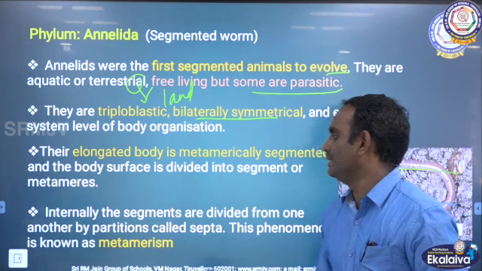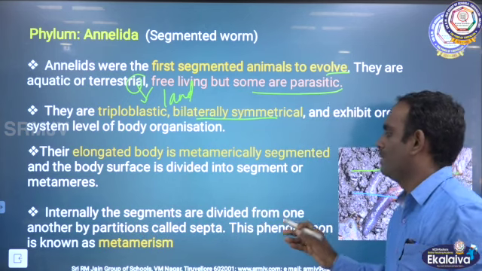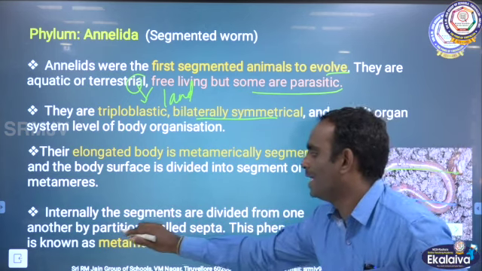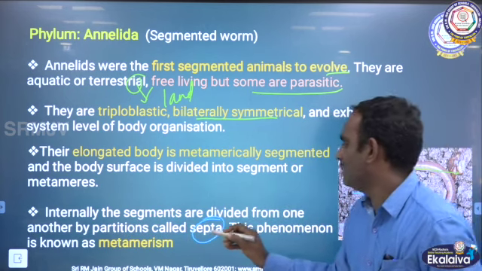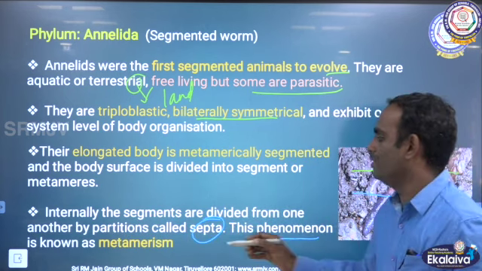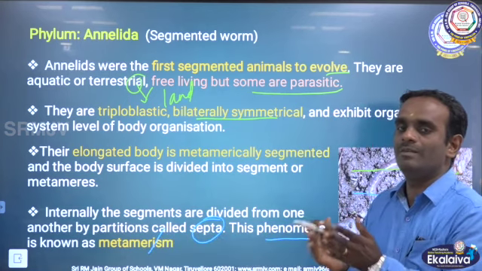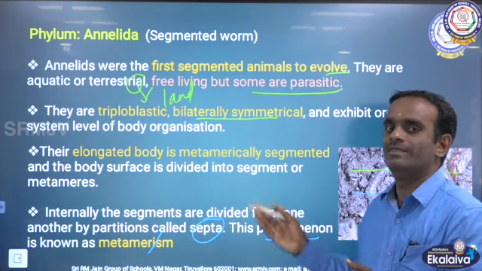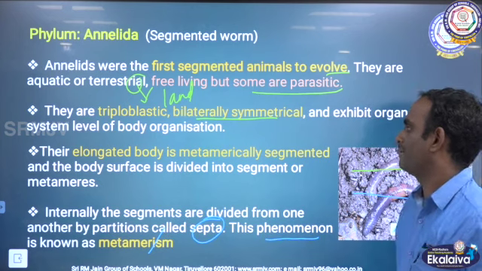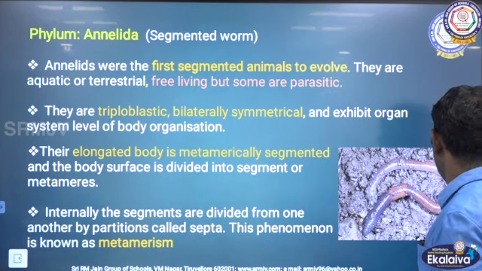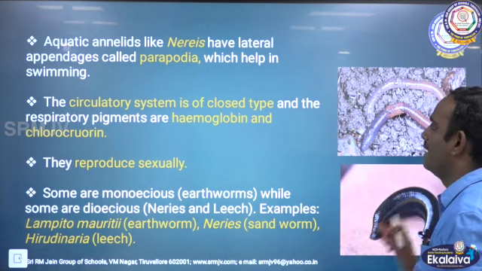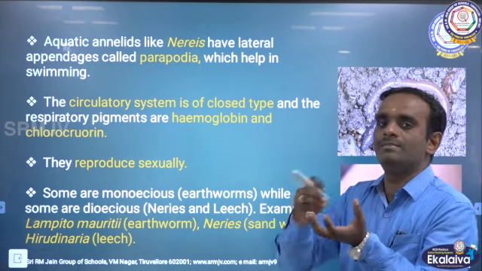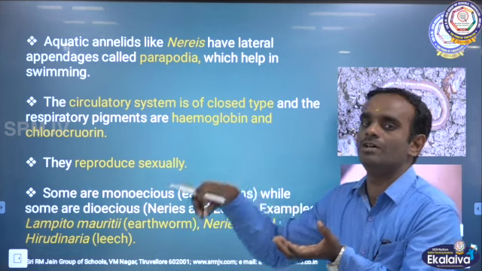Internally the segments are divided from one another by partition. There will be a partition called septa. This phenomenon is known as metamerism. Aquatic annelids, that means annelids that live in the water.